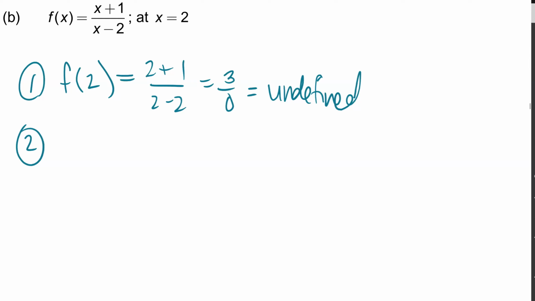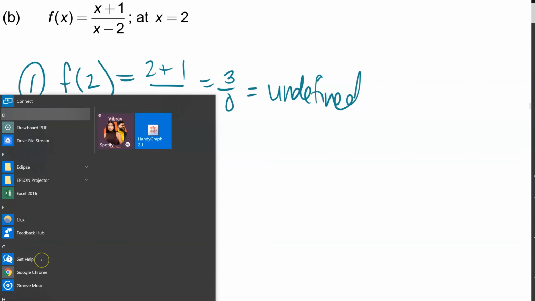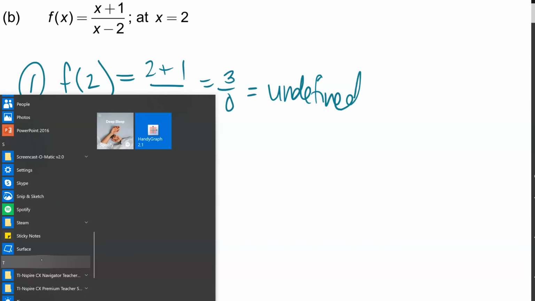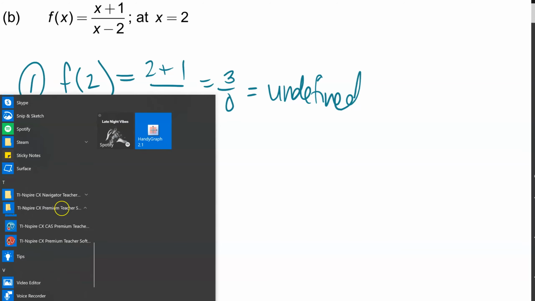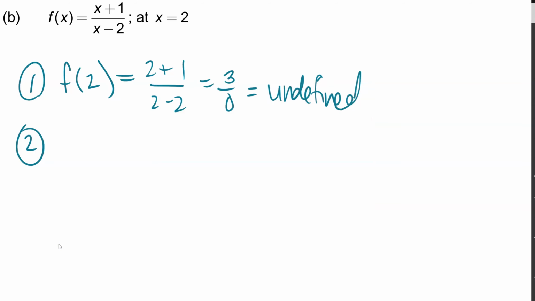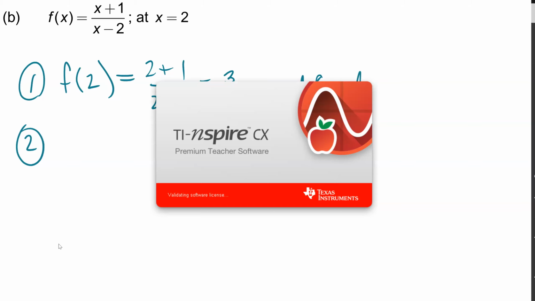Okay, so we can open up our calculator. Do we know what x plus 1 over x minus 2 looks like? No? Maybe? Yeah? You want to describe it? It's not continuous, but does it just look like a line or something with a hole, or as I get closer to 2, is it approaching infinities, right?